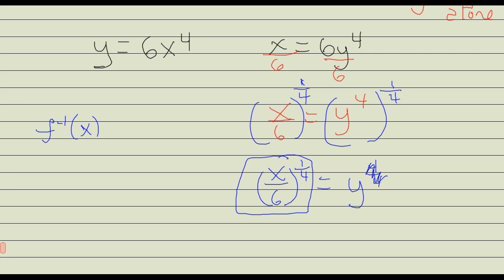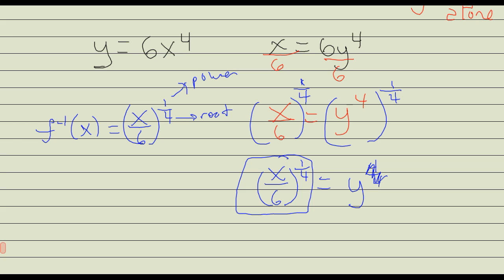If you were confused by the 1/4 thing, which I can't remember whether we really did that or not, just remember that when we have an exponent like this, the top here, that's our power, and this is our root.